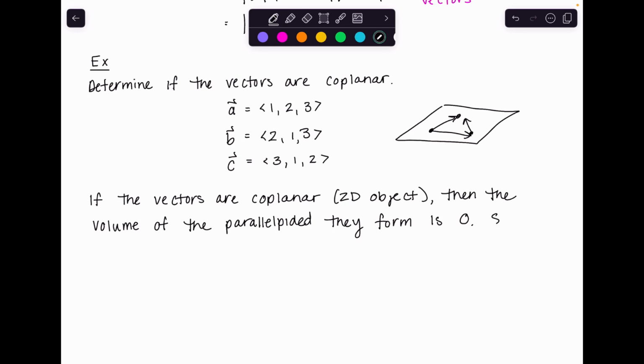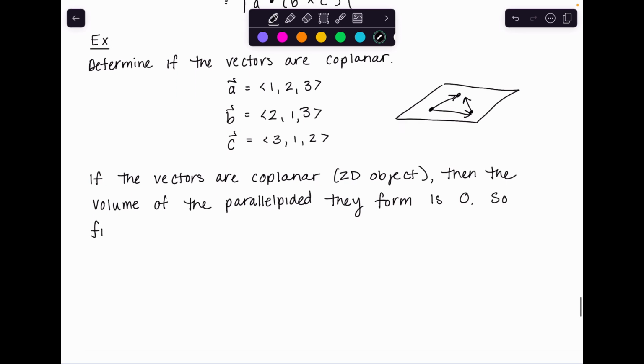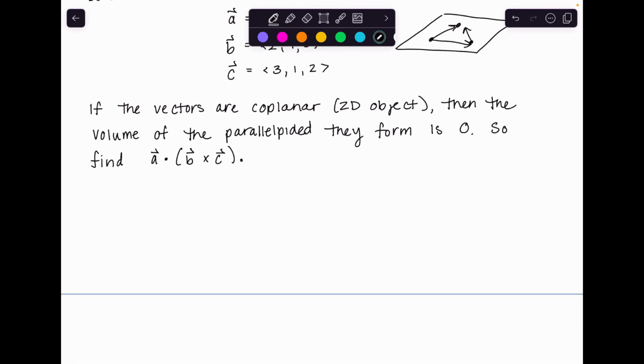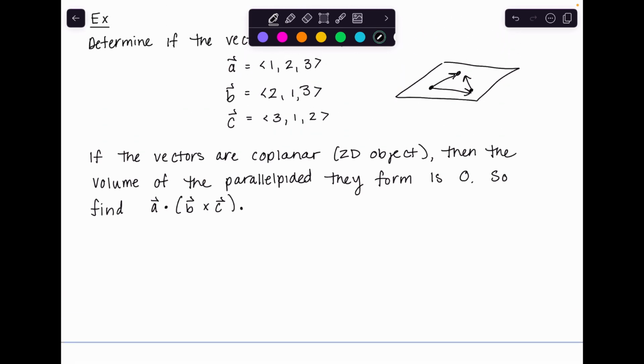So what we're going to do is find the volume of the parallelepiped, which is just the triple scalar product. If I find this is 0, they're coplanar. If it actually has a volume, that means these things don't lie in the same 2-dimensional space, so they are not coplanar.